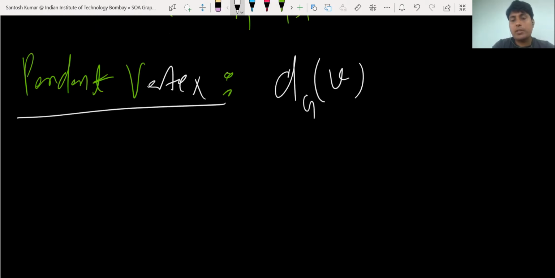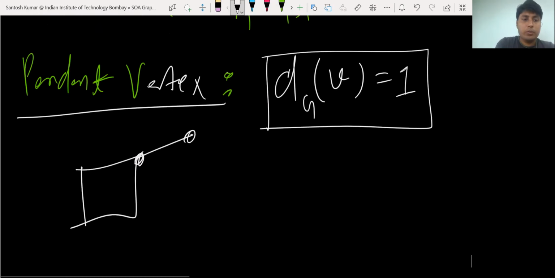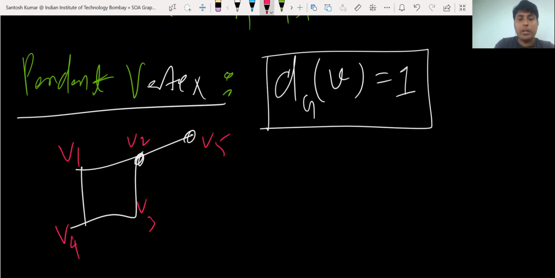We write it like this: this means the degree of vertex v in graph G. If it is 1, then we call it pendant. For example, if you see here, v1, v2, v3, v4, let's call it v5. If you count, v1 to v4 have degree 2 and v5 has degree 1. So here v5 is a pendant vertex.